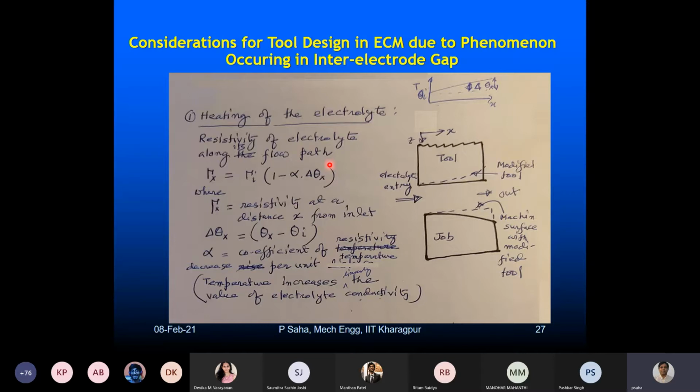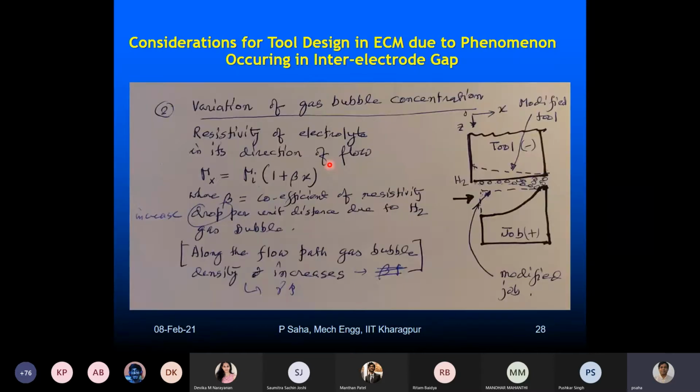Other than the effect of temperature, there are other aspects within the inter-electrode gap. Between the tool and the job, hydrogen gas will come out as a reaction product.